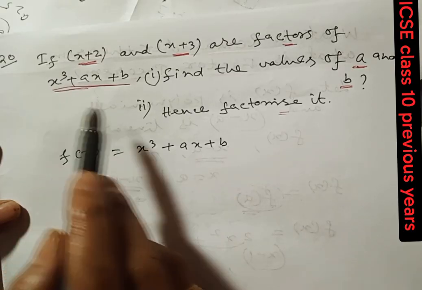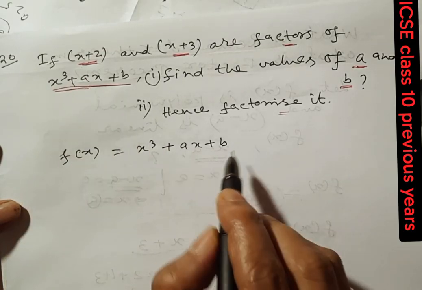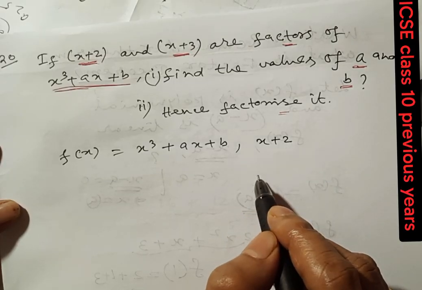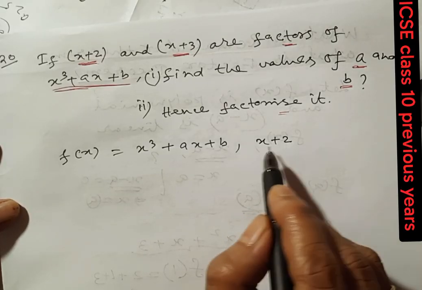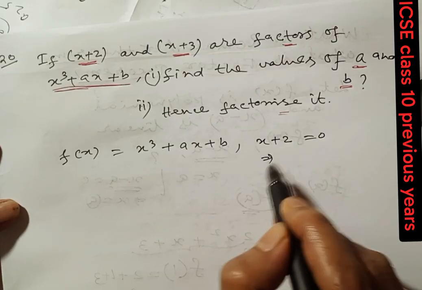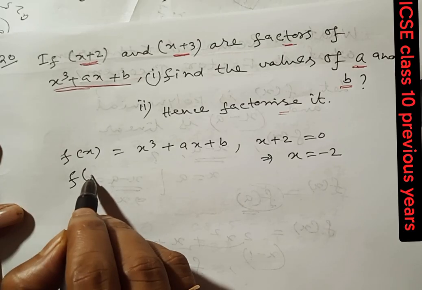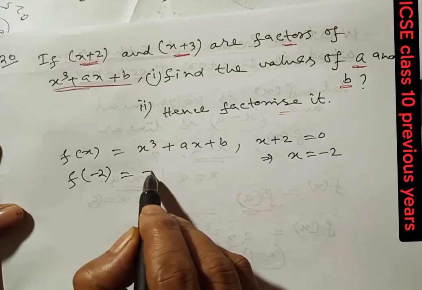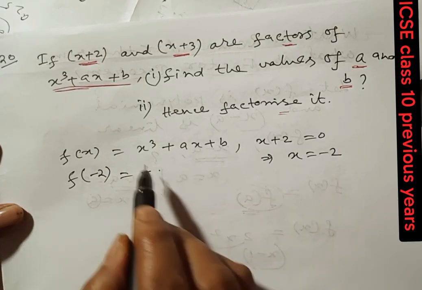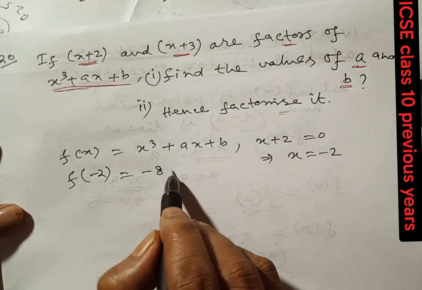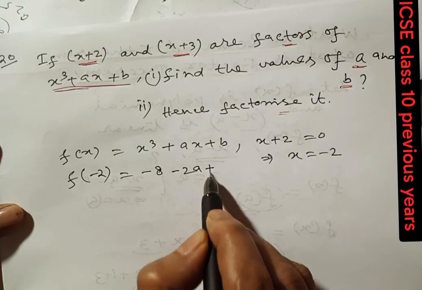This is divided by x plus 2. We know a number is divisible by its factor. So we put first x equal to minus 2. So f(minus 2) equal to, we put here x equal to minus 2. So minus 2 cube is minus 8 minus 2a plus b.